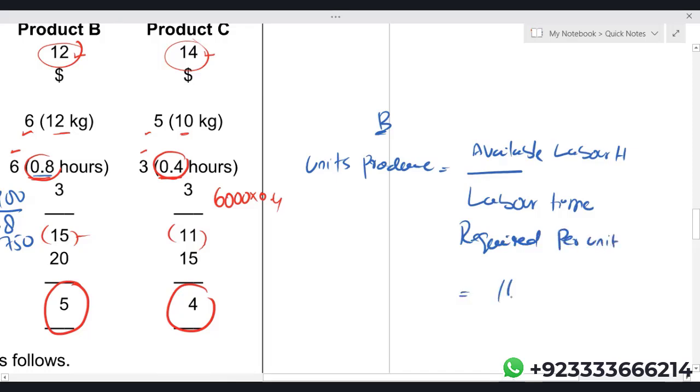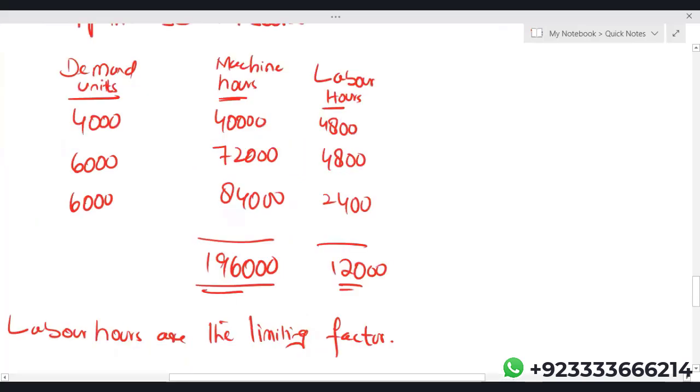So now we are only left with 1400 hours, and 1 unit of product B needs 0.8 labor hours. So we can maximum produce 1750 units.